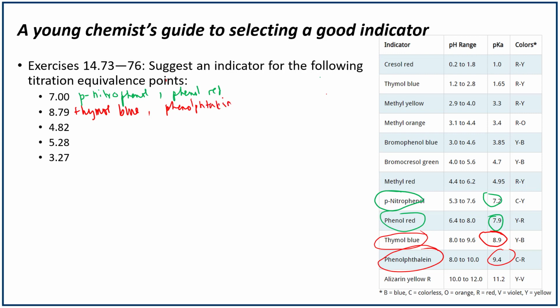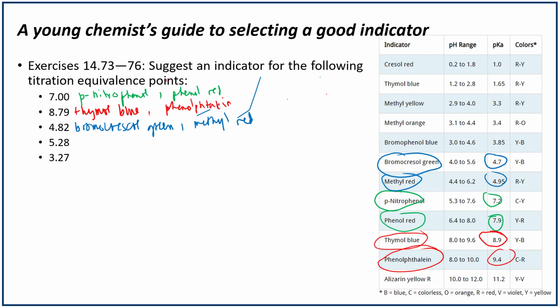And then next we choose for 4.82. The pKa's closest to 4.82 will be bromocresol green and also methyl red. So those are good indicators for that: bromocresol green and methyl red.